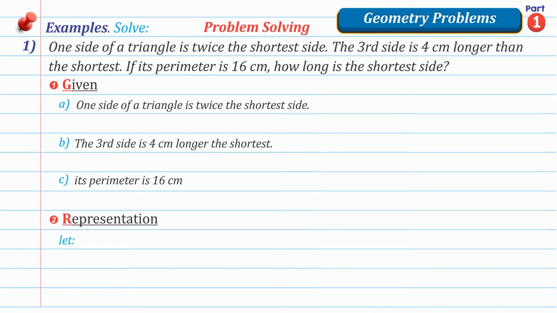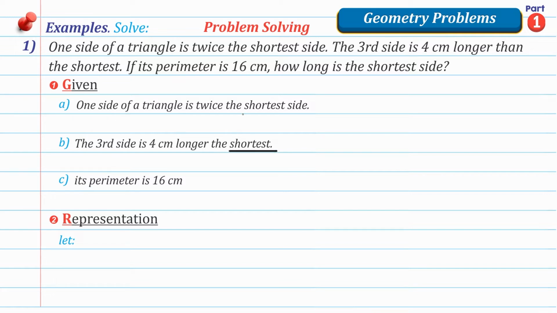Now, looking at our given, mapapansin mo that the first one, side of a triangle is twice the shortest side. So itong one side is based sa shortest side kasi it's twice the shortest side. Now, comparing sa second given, the third side is 4 centimeters longer than the shortest.